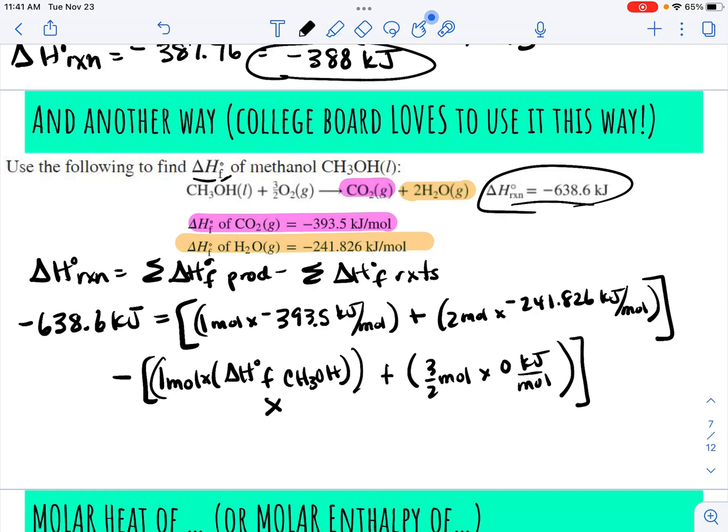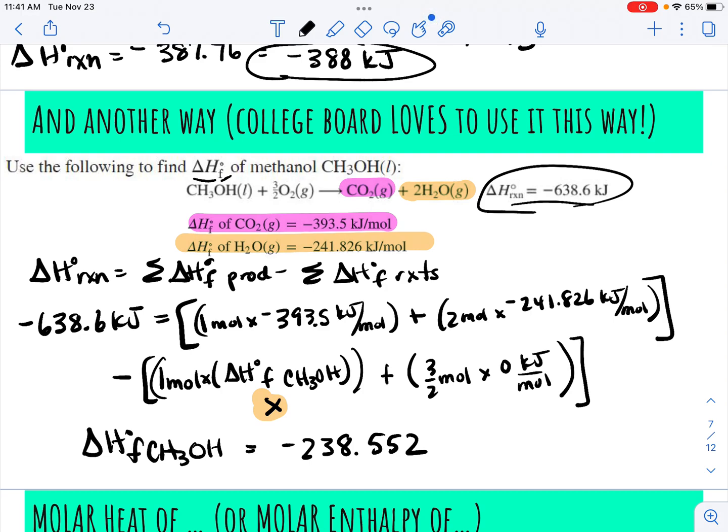All right. So now I have everything filled in except for my x that I need to solve for, and I'm done with the chemistry. The only thing remaining now is the algebra. So you have to be really, really careful as you solve these. But when I do this algebraically, I should get the standard heat of formation of methanol equals negative 238.552.